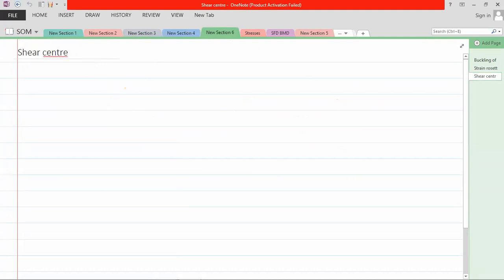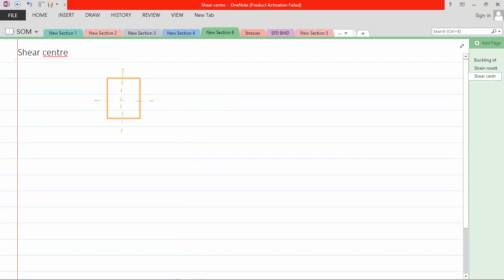Just a basic idea first: suppose you have a body. Okay, this is your rectangle. Let me draw it. Suppose this is your body, and this is your neutral axis.